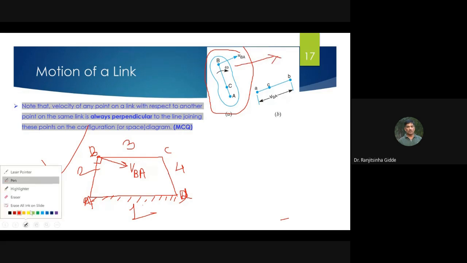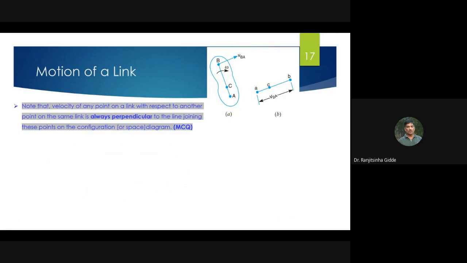So please remember that the velocity of any point on a link with respect to another point on the same link, for that we are going to represent the velocity perpendicular to the link or the line joining these points.